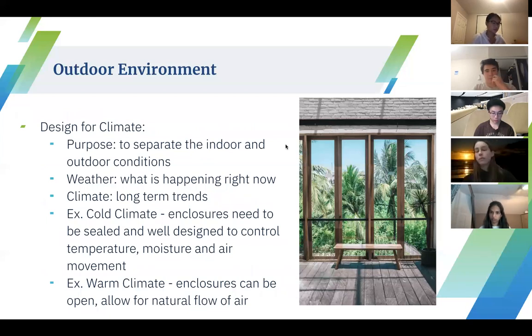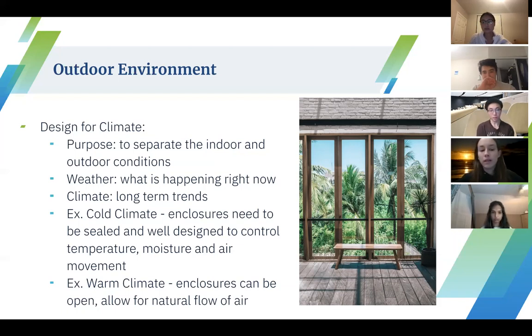Basically, the biggest thing when it comes to designing for the outdoors is designing for the climate. So you want to separate the indoor and outdoor conditions. That's basically the purpose. The weather is what's happening right now, and the climate is long-term trends. For example, if you had a cold climate, enclosures would need to be sealed to not let air penetrate the building, and they'd need to be well designed to control temperature, moisture, and air movement, for example, like snow or rain.